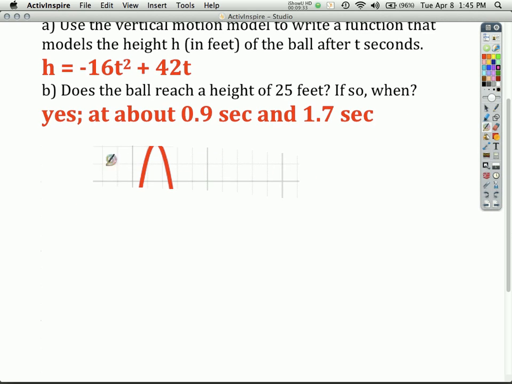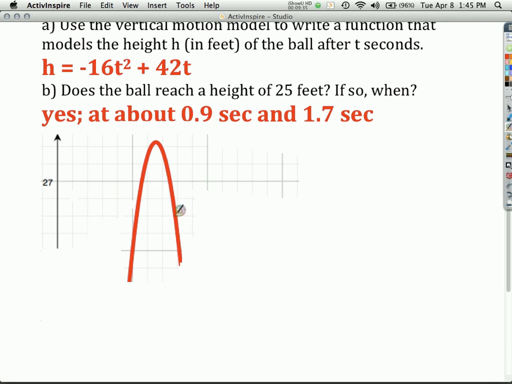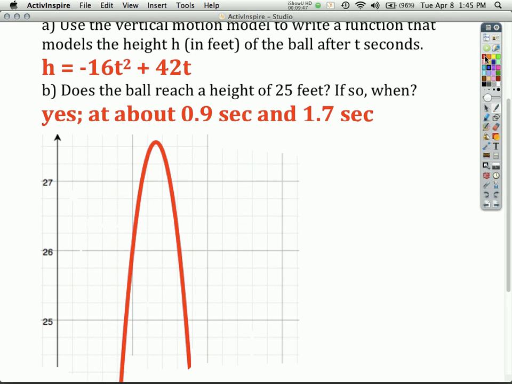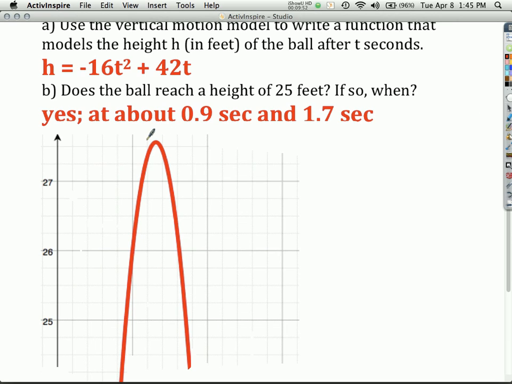Here is the graph, bless you. Here is the graph. Now, you did not have to do the graph, but I want you to look at the graph. And you can actually see a number of ideas illustrated here. For example, you can see the maximum height of the ball right there. That's the highest point that the ball is going to reach.